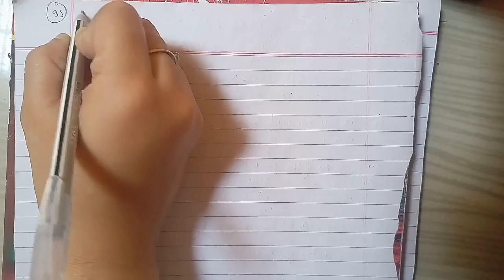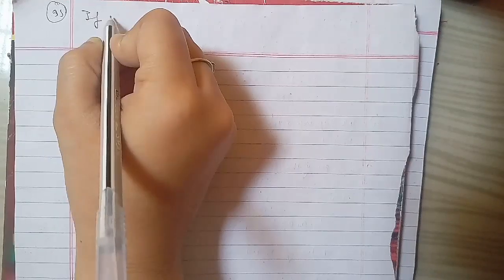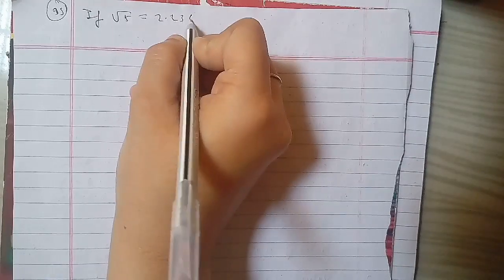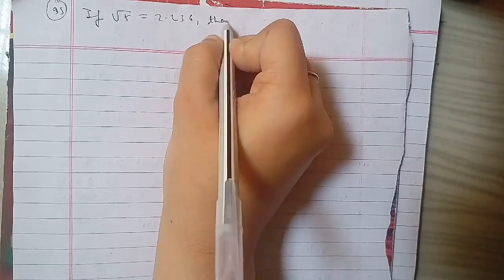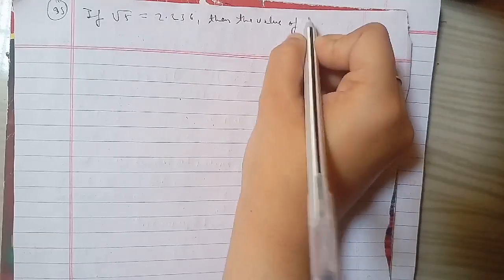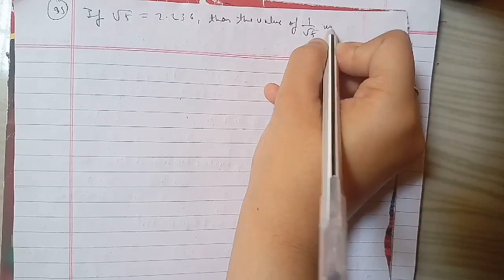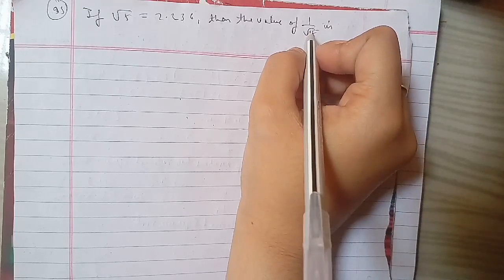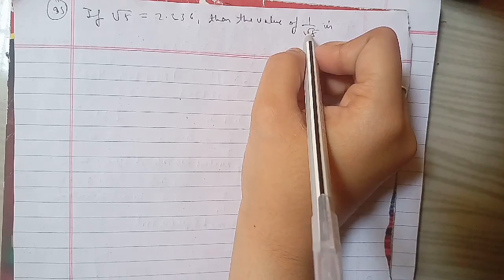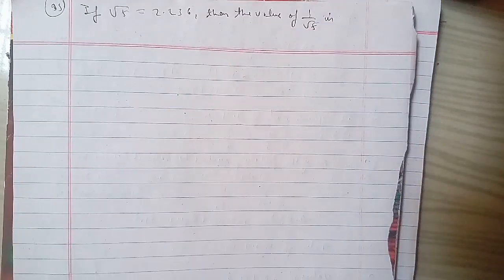If root 5 equals 2.236, then the value of 1 upon under root 5 is: the options are 0.367, 0.447, 0.745, and none of these. That is also an important one.